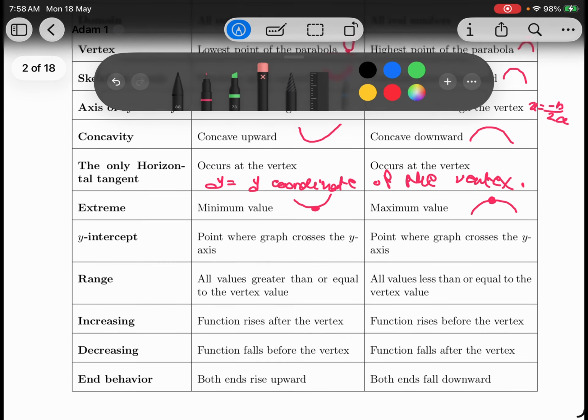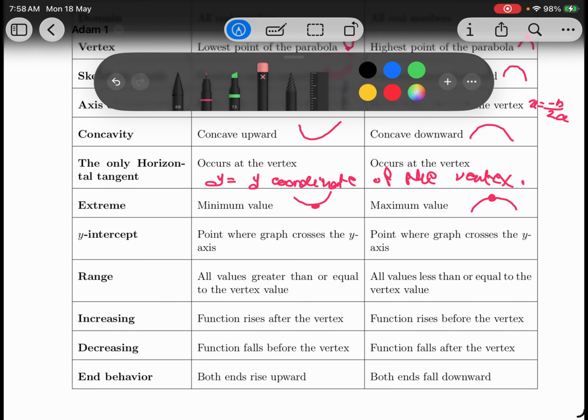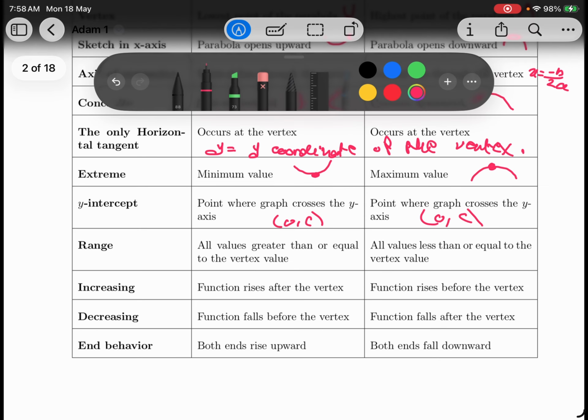And it's (0, c) regardless of what a is, whether a is positive or negative. So the coordinates for the y-intercept are 0 and c.